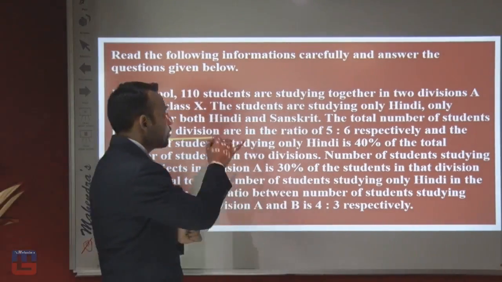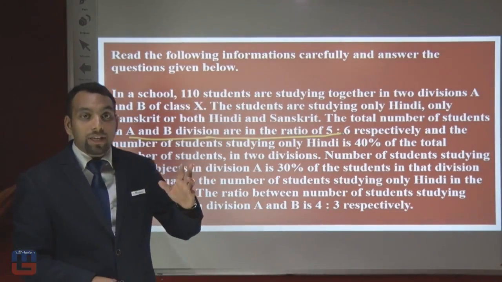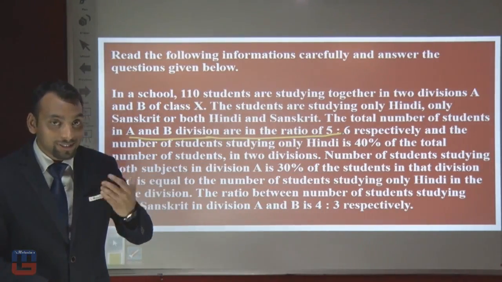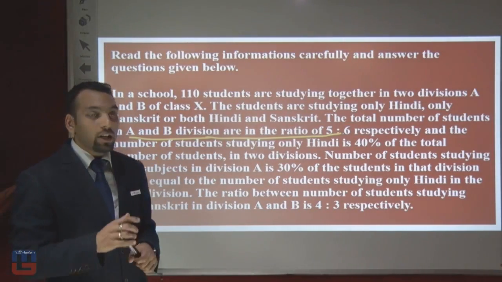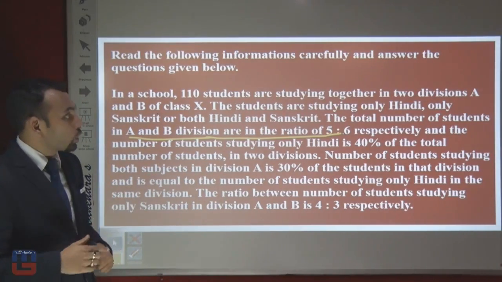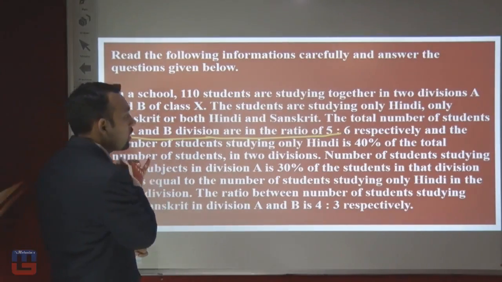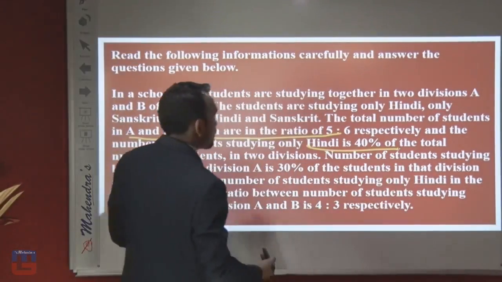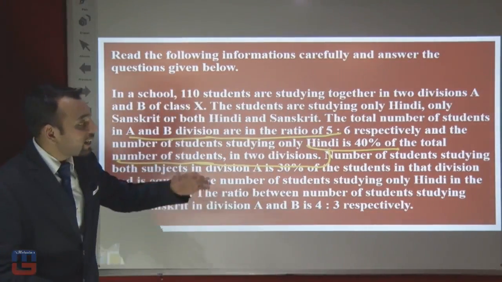So here we have the information that the number of students in divisions A and B is 5:6 respectively, and the number of students studying only Hindi is 40% of the total number of students. That is another piece of information we have. Now underline these lines.